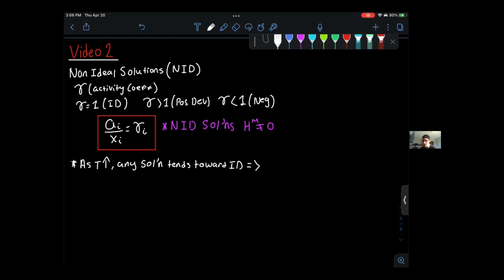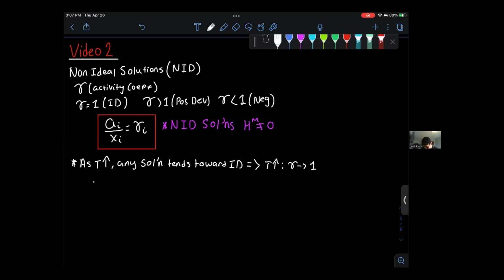Meaning, as we increase our temperature, what happens to our activity coefficient? Our activity coefficient approaches 1. All right. Now, with that being said, let's get into this enthalpy derivation.